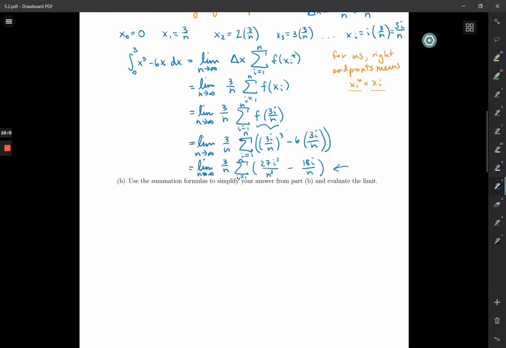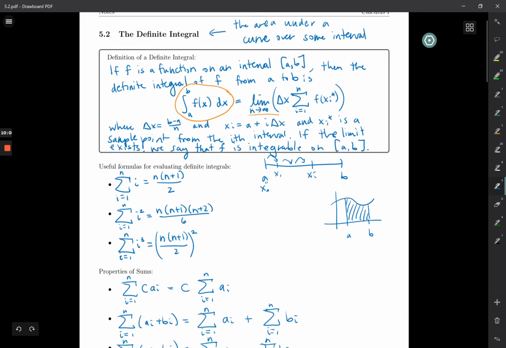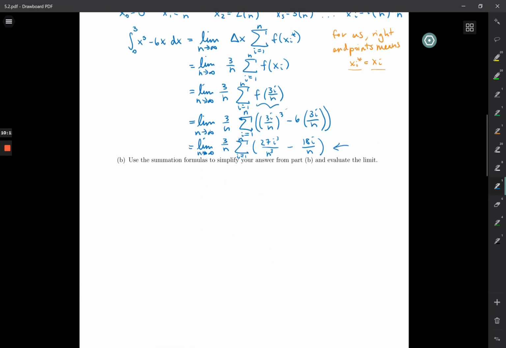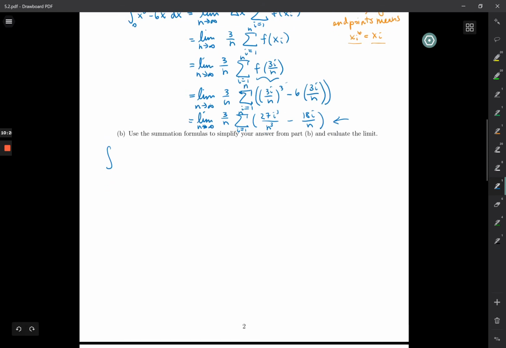Next, in part B, we want to use our summation formulas that I gave on the first page, these ones up here, to actually compute this limit. As you can see, it doesn't look like a very friendly limit to compute right now, but we will be able to once we use those formulas. This may or may not fit in this space. I'm going to try to make it fit.